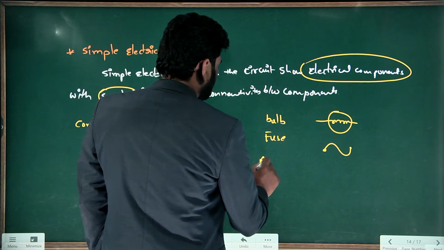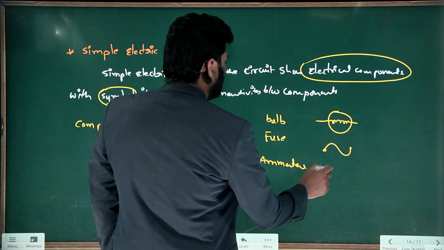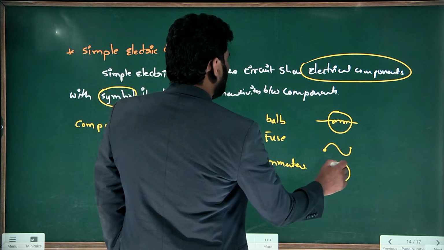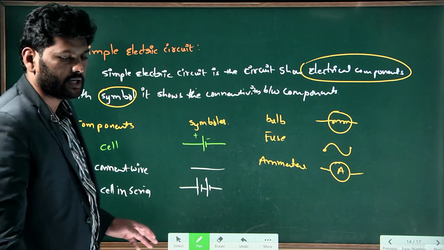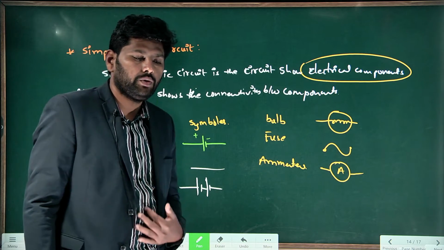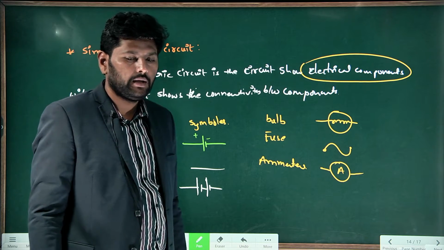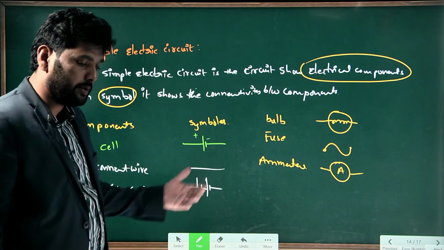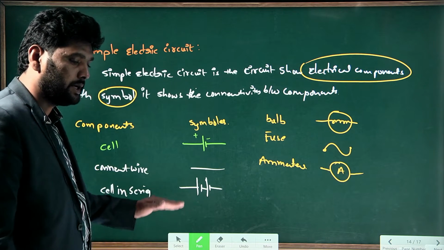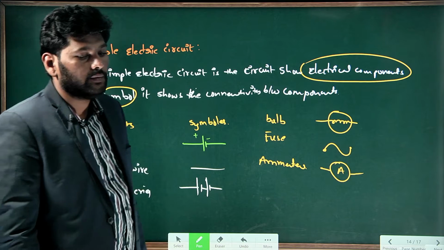What is this ammeter? Ammeter is a device used to measure the current flowing through a conductor. Now I will tell you one by one the uses of the components and their role in circuit diagrams.